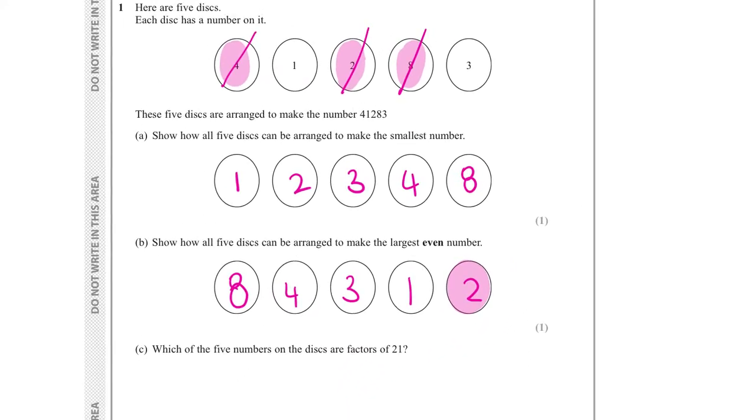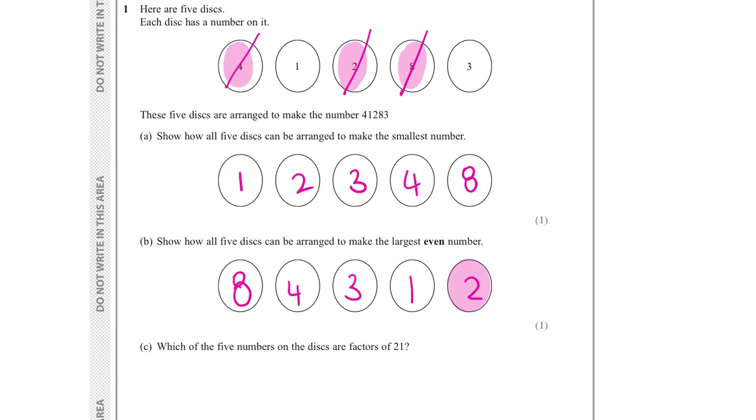Okay, which of the 5 numbers on the disc are a factor of 21? So which of the numbers on the discs are a factor of 21? What's a factor? A number that easily goes into 21 when we divide it. So let's see. It is 3. 3 can go into 21. How many times? 7 times.